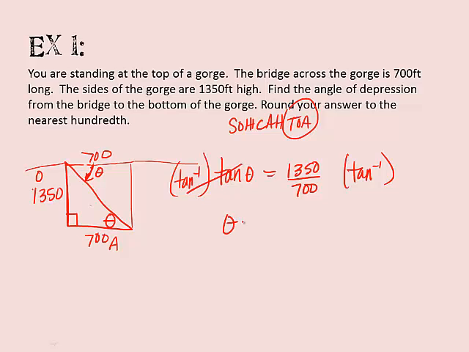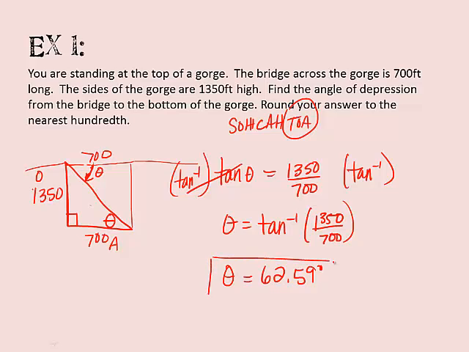So I will find out that when I type it in, inverse tangent of 1350 over 700, I find out that the angle theta is 62.59 degrees. Okay, you have to be in degree mode for this to work again, but inverse tangent is just second and tangent, and you type in that fraction.